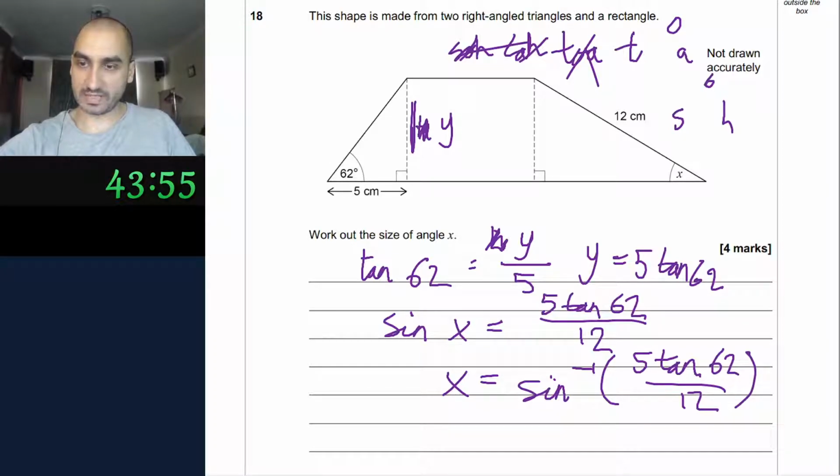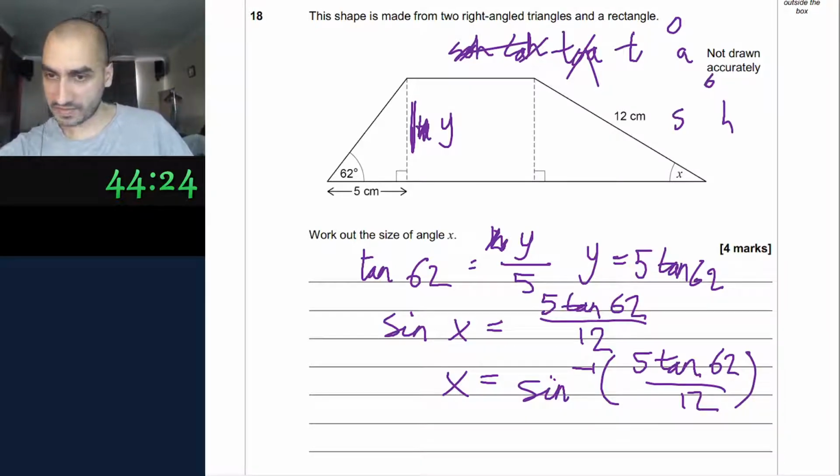Oh, you have to type 62 first and then press tan? 62 tan, times 5, divided by 12.